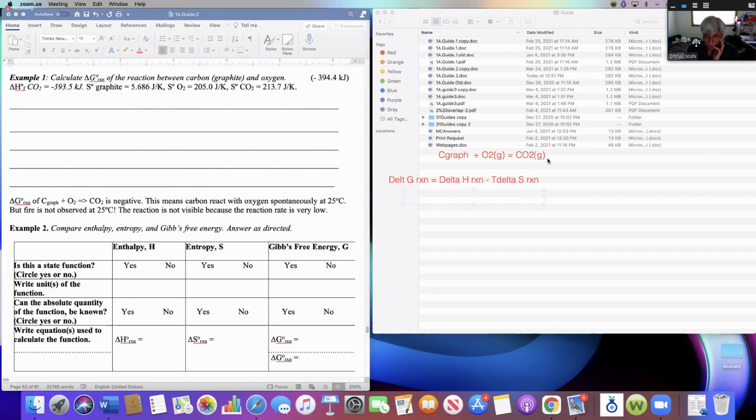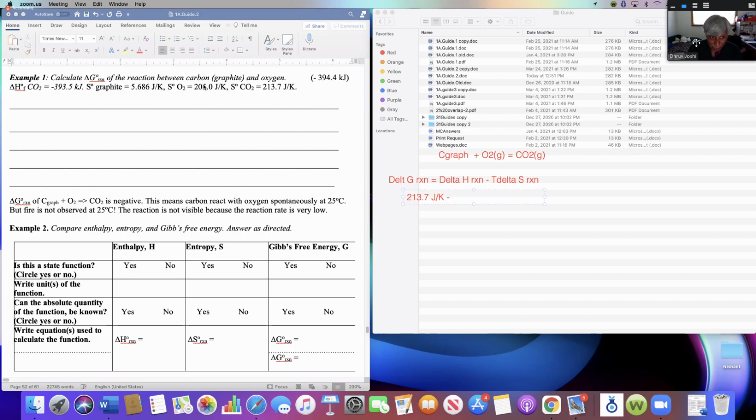So the equation we talked about for delta S: the product is carbon dioxide, and it's 213.7 joules per Kelvin, minus the sum of the entropy of the reactants.